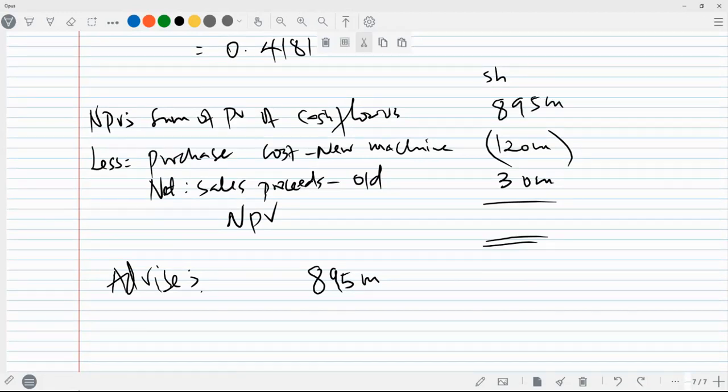So minus 120 plus 30 gives 805 million. Someone confirm 805 million.